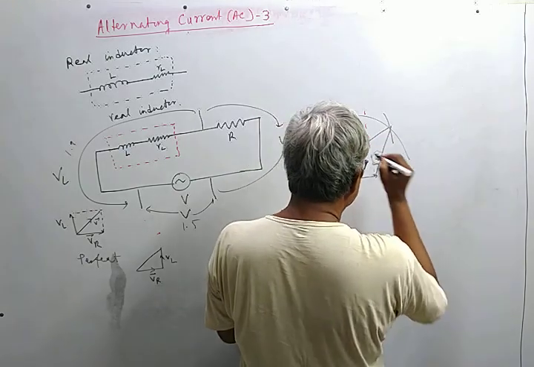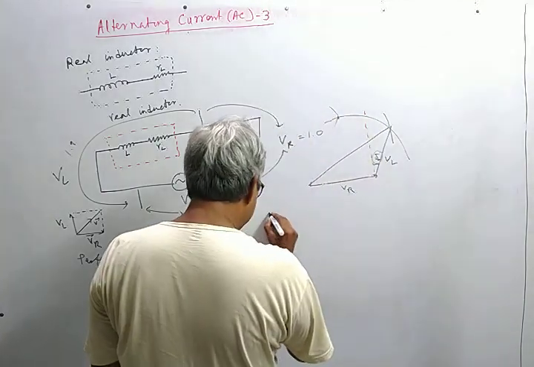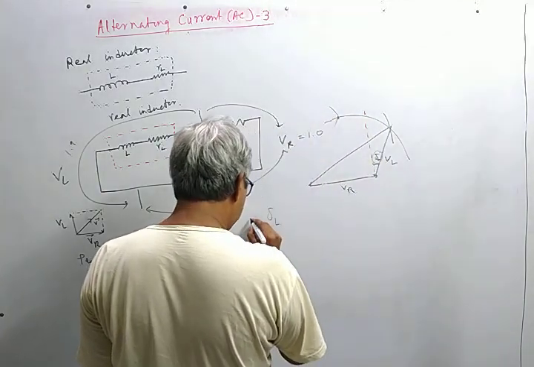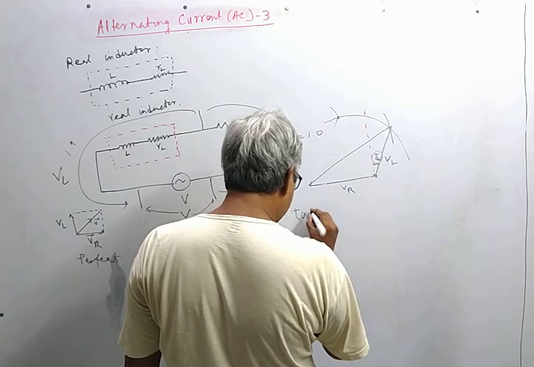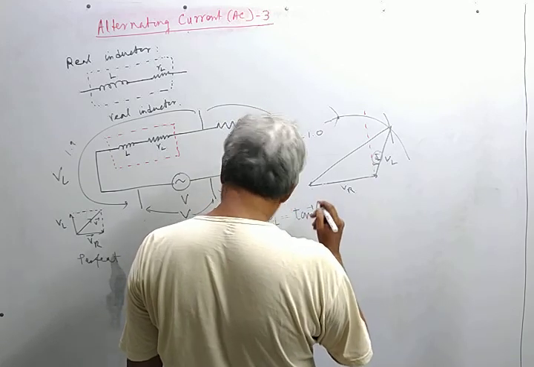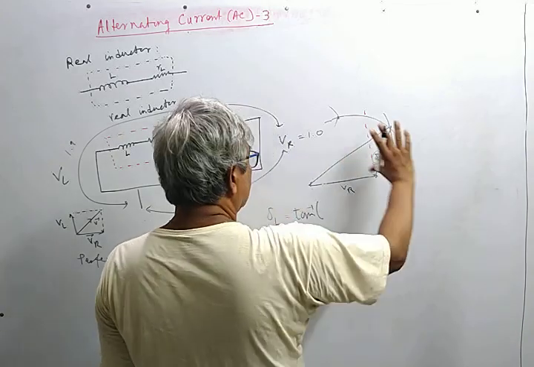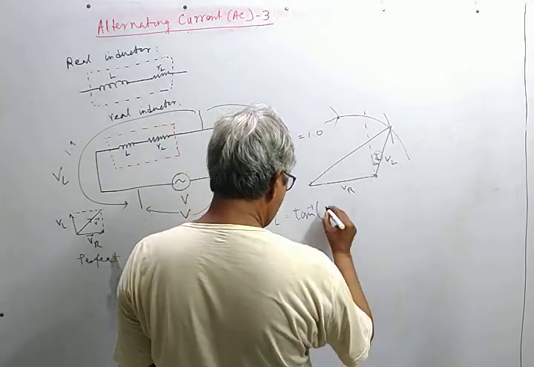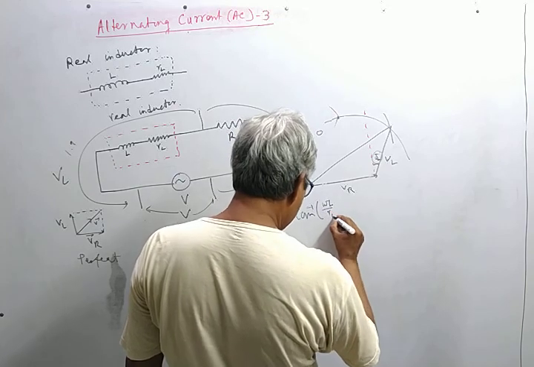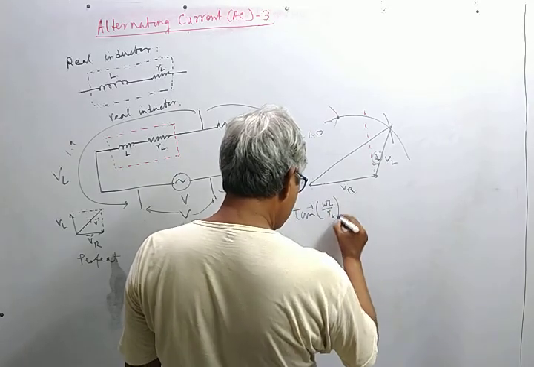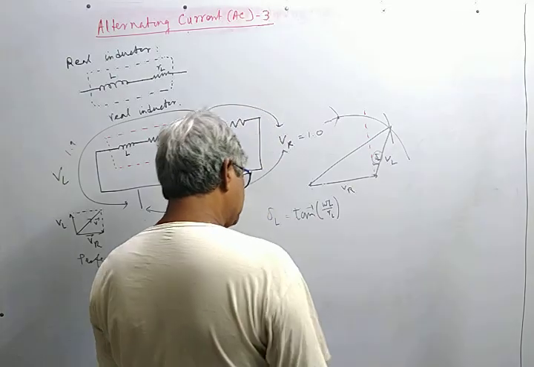This delta is called the loss angle. Delta L is equal to tan inverse of RL over omega L. This is known as the loss angle.